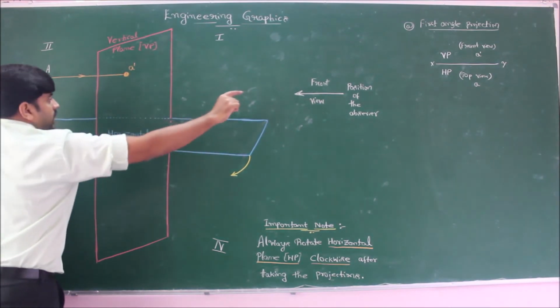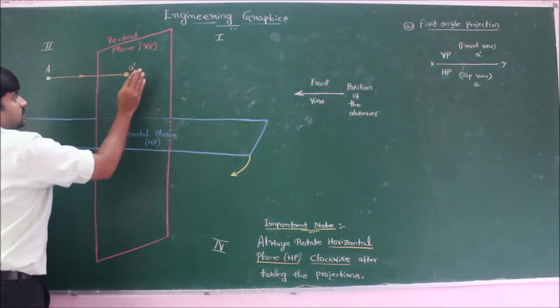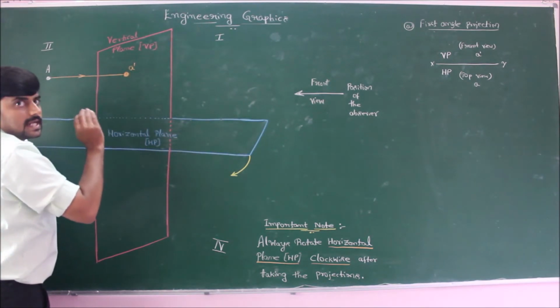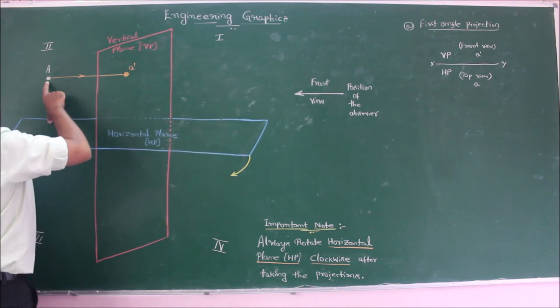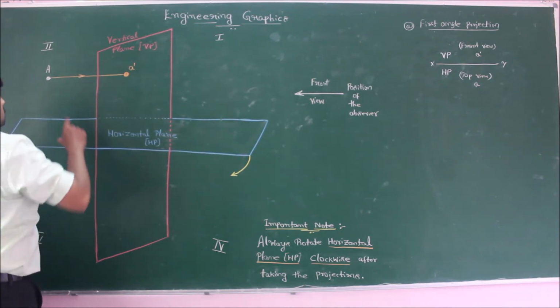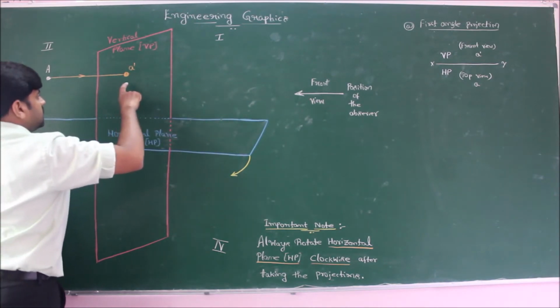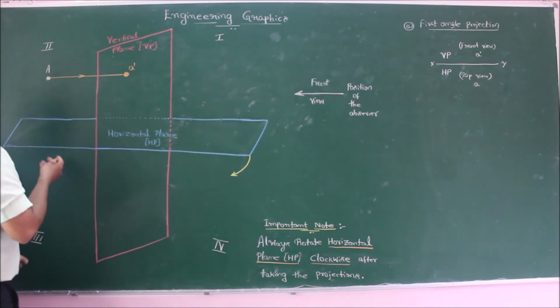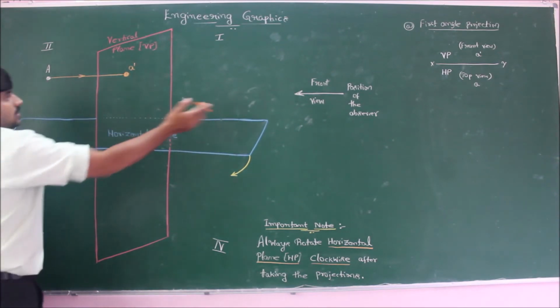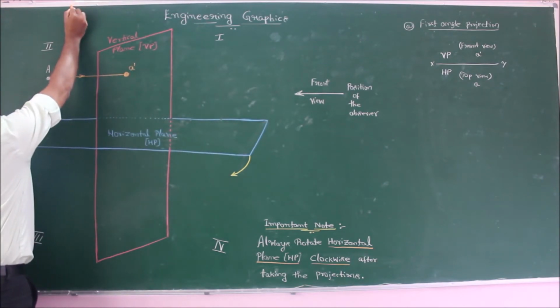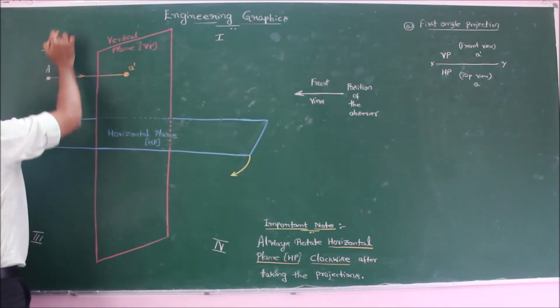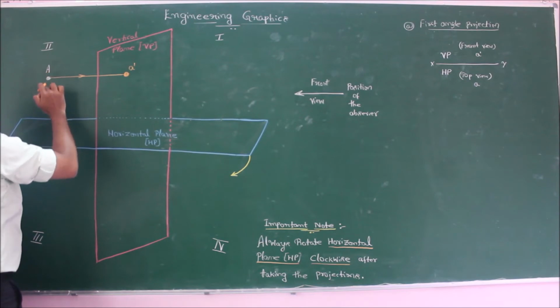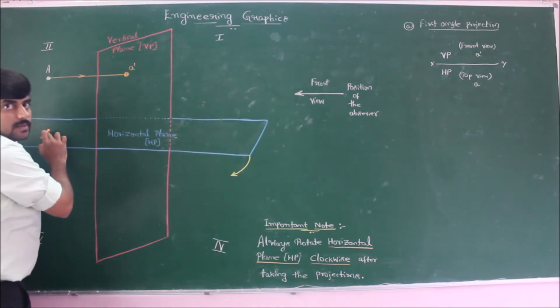So this gives us the front view of the point, which is indicated by A prime on the vertical plane. In the front view, since we have assumed that the vertical plane is transparent, you can also see the distance of the point above the horizontal plane. Next, when the observer visualizes this point from the top, you can see the point and plot the top view onto the horizontal plane.